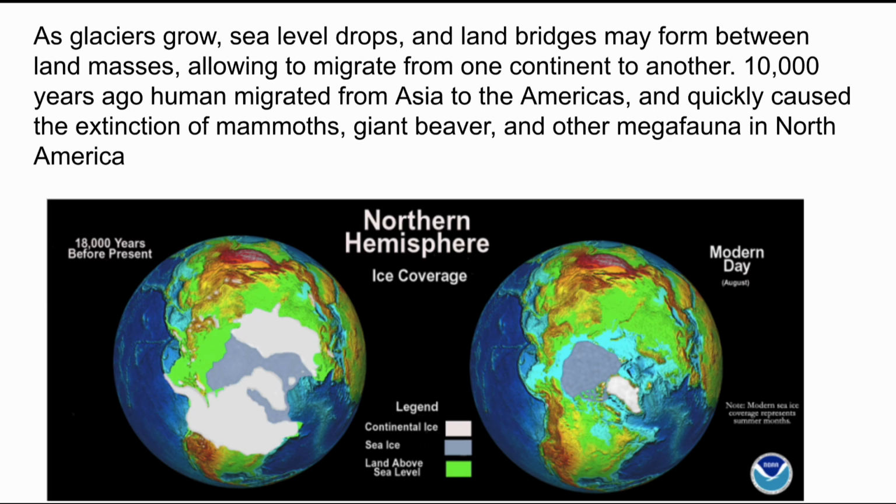And when humans arrived in North America, all the megafauna here, all the woolly mammoth and the woolly rhinos and all these big protein sources, they had not evolved to be afraid of humans, and humans just made them go extinct like crazy 10,000 years ago. All right, so basically you have an introduced species gets into an ecosystem because of climate change, and it always leads to a massive disruption when you introduce a new species.